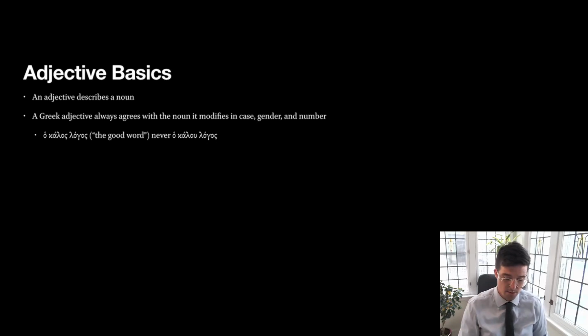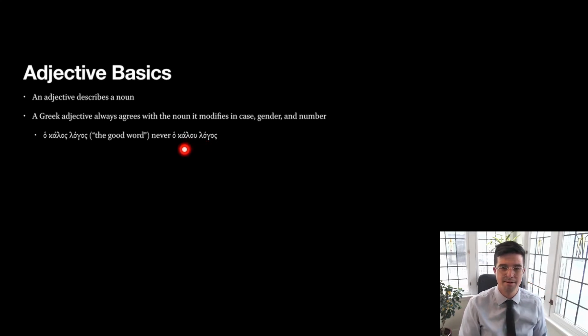So we saw this example with respect to second declension adjectives earlier in the semester. ὁ καλὸς λόγος, the good word, or we'll never see something like ὁ καλοῦ λόγος. So this, of course, is what case? That's right, the genitive case. And λόγος is what case?